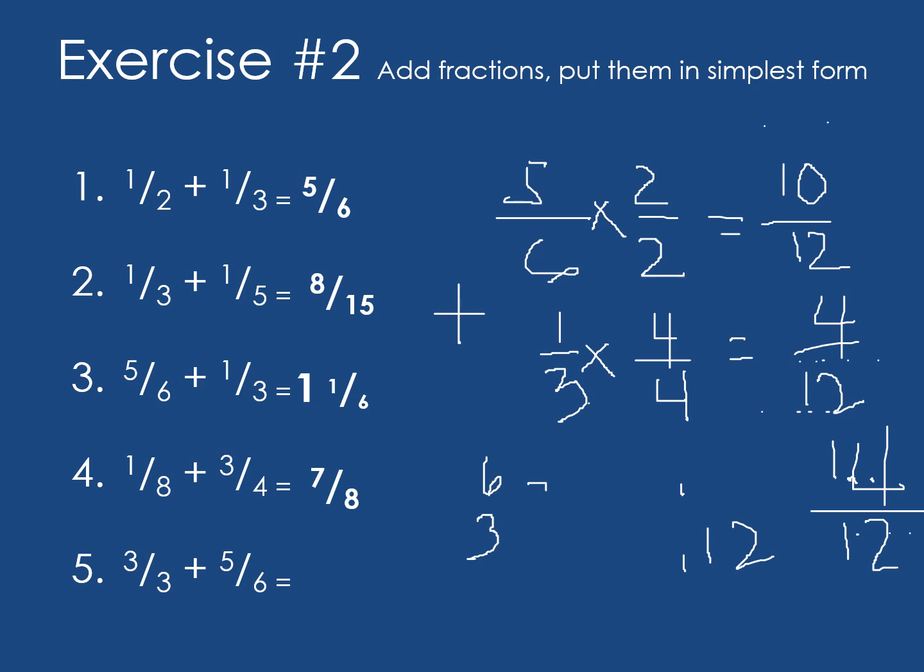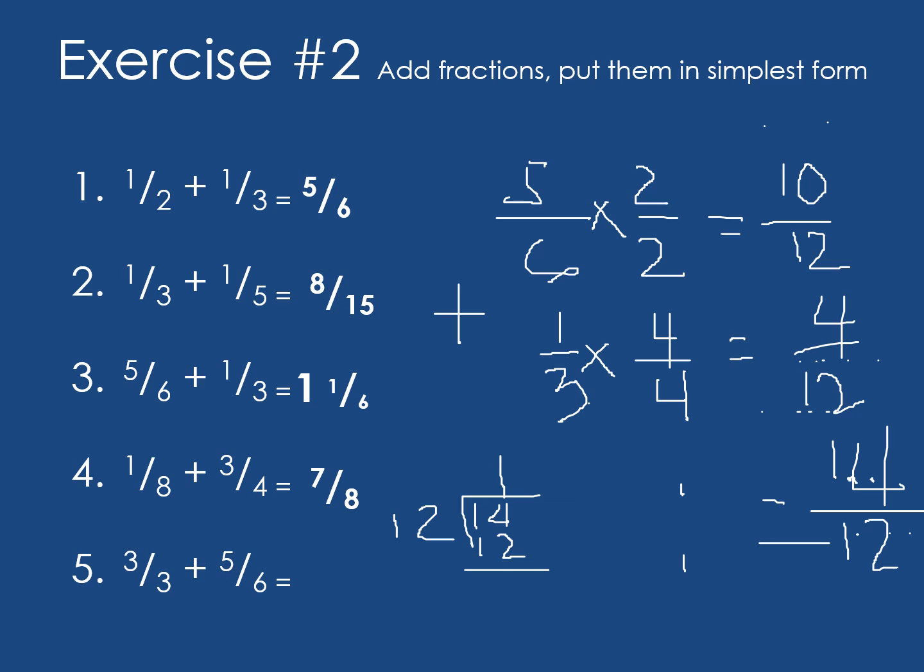Now children, you have to simplify this one. You have to simplify your answer into the lowest term. But it is not really exactly your answer, 14 over 12, because 14 is higher. It is an improper fraction, so you have to divide. 14 divided by 12, your answer is 1. 1 times 12.